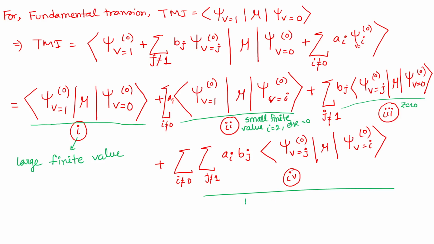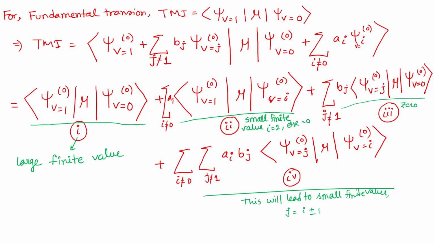So this will lead to a small finite value for j equals to i plus minus 1. And obviously your i cannot be 0 and cannot be 1, j cannot be 1. Means your i can be 1, j can be 2.